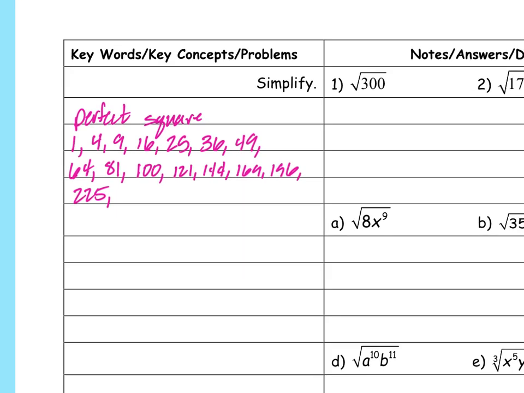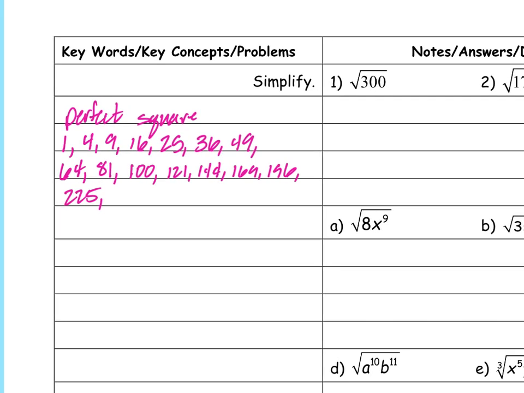So what times what is 300? Well, I know that 3 times 100 is 300, correct? You guys okay with that? Not what times itself, what times what is 300, okay? And using that, I already know that 100 is a perfect square. Are we okay with that?